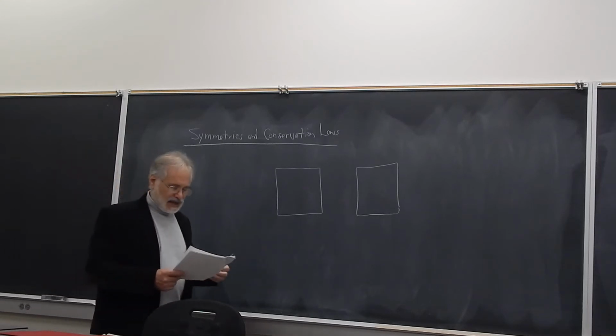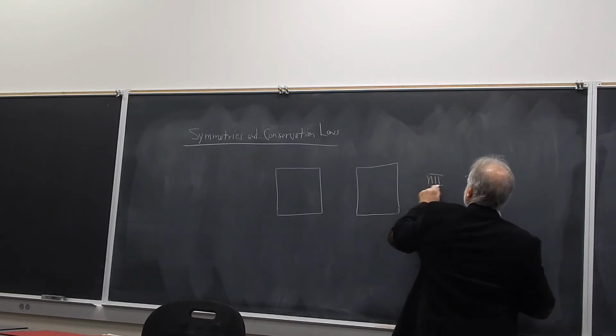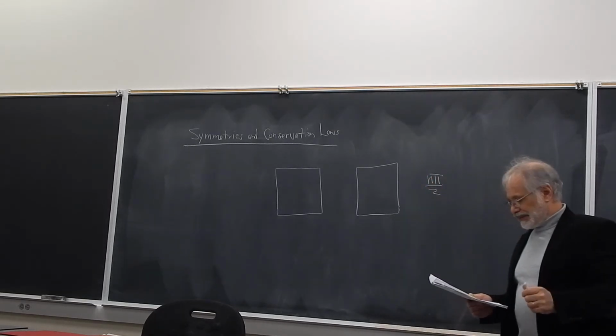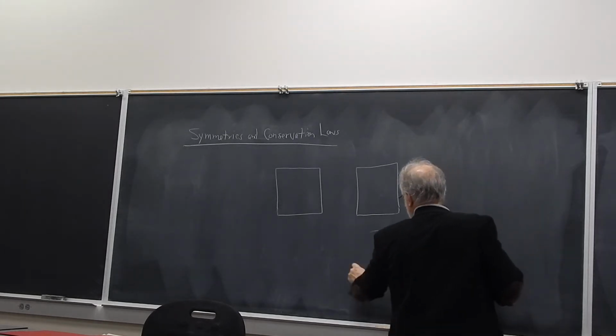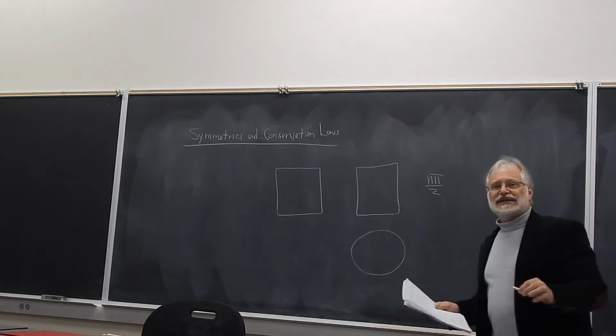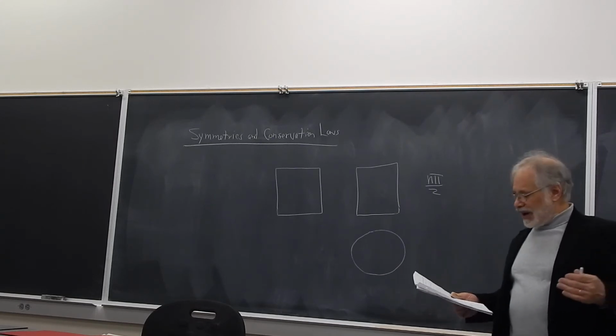So what we say is that we have a symmetry of n pi over 2, where n must be an integer. On the other hand, if I have a circle, it doesn't matter how many degrees I rotate that circle, because a perfect circle is going to look the same no matter how I rotate it.